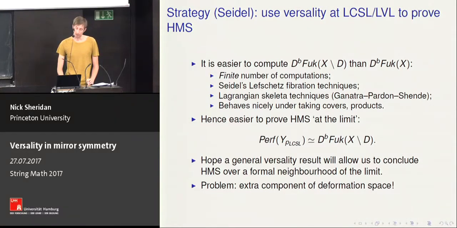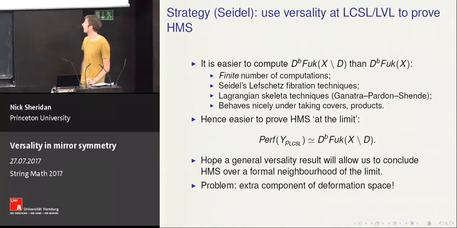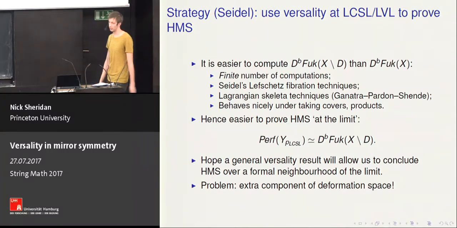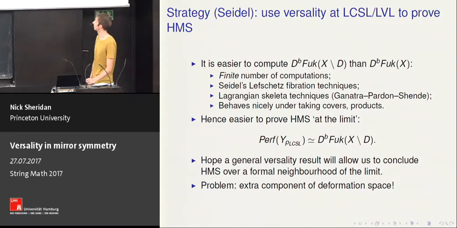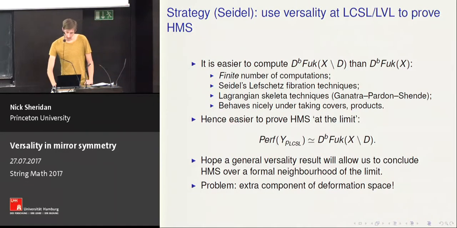You also have Lagrangian skeletal techniques, as originally suggested by Kontsevich and recently established, or maybe work in progress, by Ganatra, Pardon and Shende to turn that into an effective tool, and Nadler and other people.